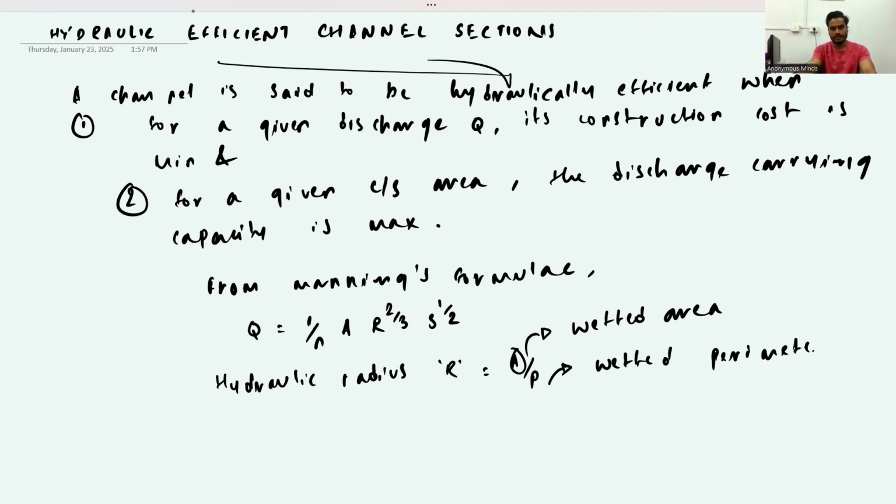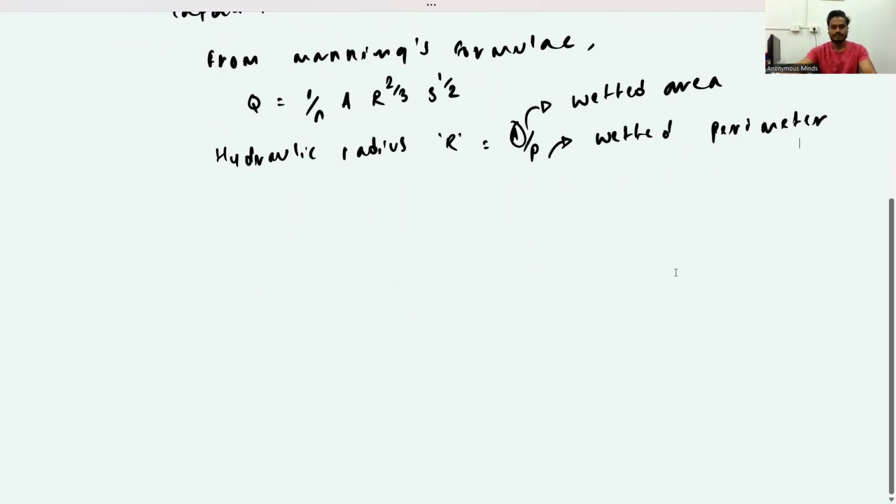So I can write Q is equal to 1 upon n (A upon P) to the power of 2 by 3 S to the power of 1 by 2.